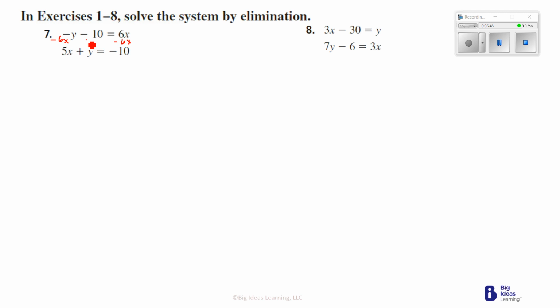And then I would add 10 to this side, which would make me add 10 to this side. So when I rewrite this, I would have negative 6x over this 5x, right? I have my negative y over my positive y, and then I would have my positive 10 over my negative 10. All right, so let's just see how they did it.